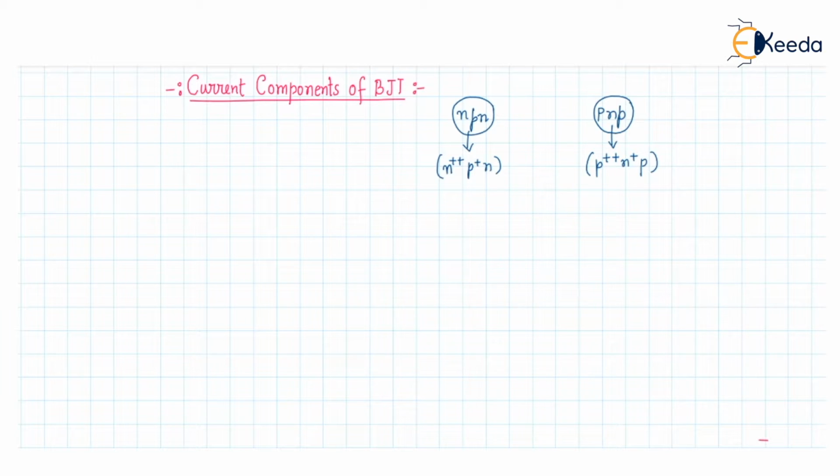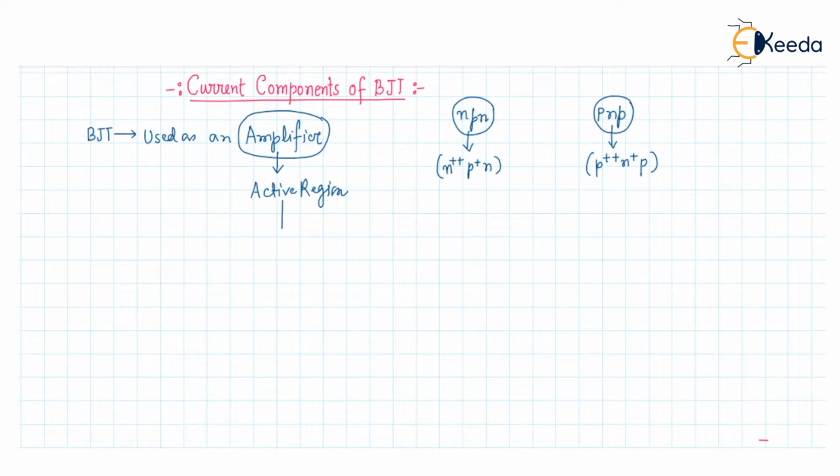Generally, the BJT, that is the bipolar junction transistor, is normally used as an amplifier, and this amplifier operation happens only when the BJT works in the active region.